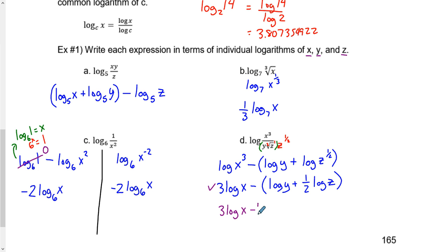Which means distribute that negative in, and it's going to look like this. I'm fine with both because they are individual. I really don't care which one. They both work nicely.